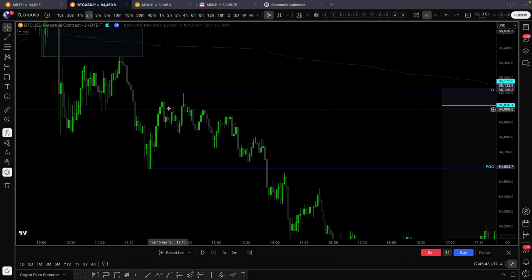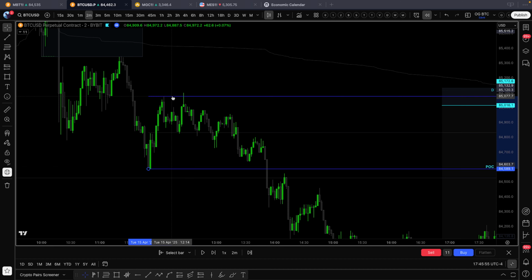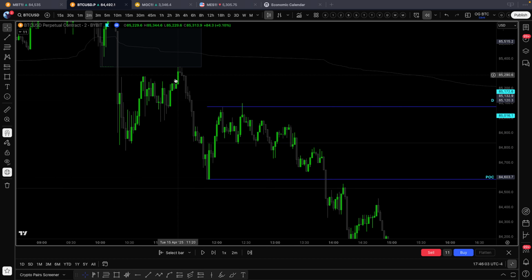And I saw this situation here. And I was like, great, this is perfect. So once I saw this SFP here, this was technically the range at first, and then I saw an SFP of the range. And I knew from this right here, this is a redistribution pattern.